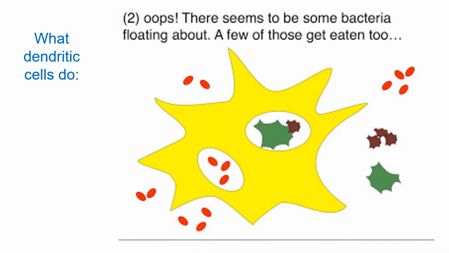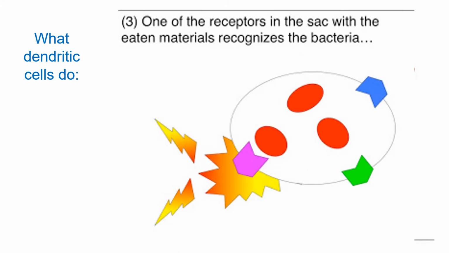Then what happens? Well, if some of these things that they're gobbling up tend to be bacteria, then they're going to recognize that as something that's not part of the human body, so something foreign. So what they do is they will take them, they'll digest them, and hold on to some of them. You can see in here it's talking about receptors inside recognizing the bacteria. So this pink thing here, this is the receptor right here, and I guess this is the bacteria.